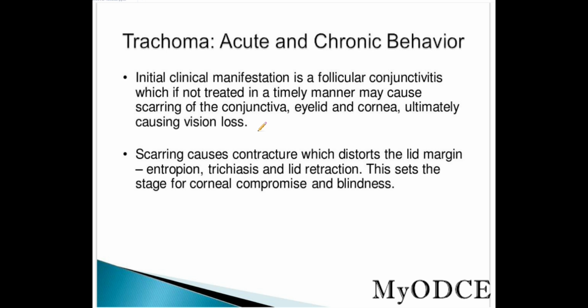In short, there are not too many infectious culprits for conjunctival scarring. So if you're thinking of an infectious culprit for conjunctival scarring, it's probably C. trachomatis at the top of that very, very short list. If you're not thinking that they have C. trachomatis, then it's likely a non-infectious etiology, as we had mentioned before.